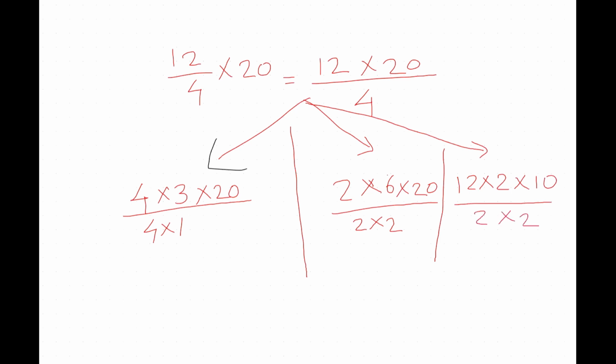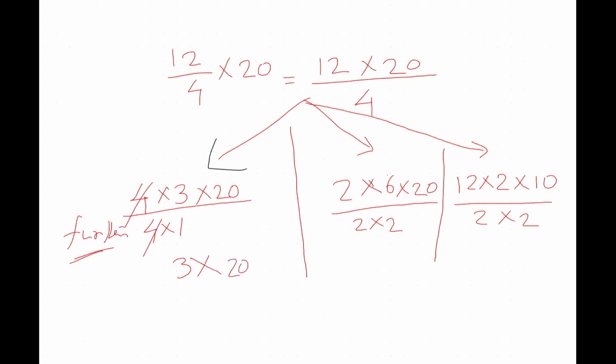Then the teacher asking, are you guys done? No. So the teacher says, further simplify, right? So this kid cuts. Then what he gets? 3 times 20. Shiva, move your mouse. 3 times 20.